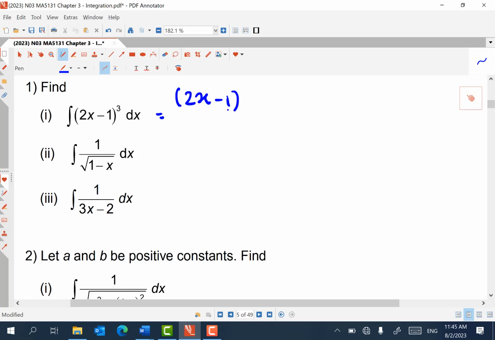2x minus 1 to the power over. Brilliant. Part 2. Continue. Push it. This one uses formula 3. You can do this, no? You can put a minus here, so that you can then use this formula that I wrote down as formula 3. Do you remember the formula 3 that we had?